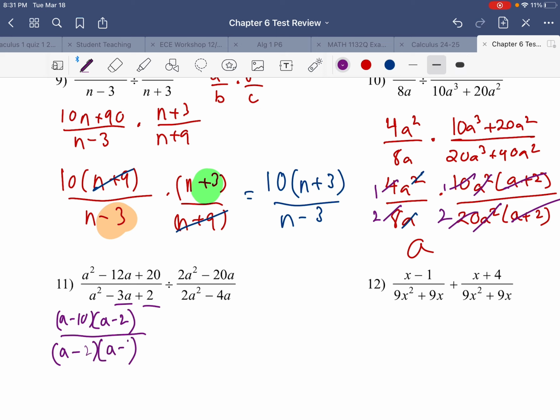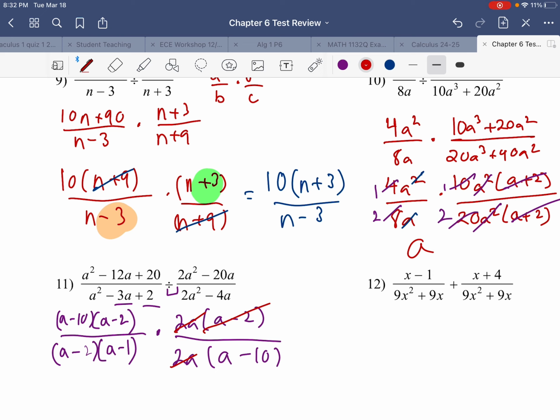times a minus 1. Now if I'm dividing, I'm going to change this to multiplication, and I'm multiplying by the reciprocal. I can factor out 2a from a minus 2 in the denominator, which is now in the numerator, and I can factor out 2a minus 10. 2a and 2a cancel.